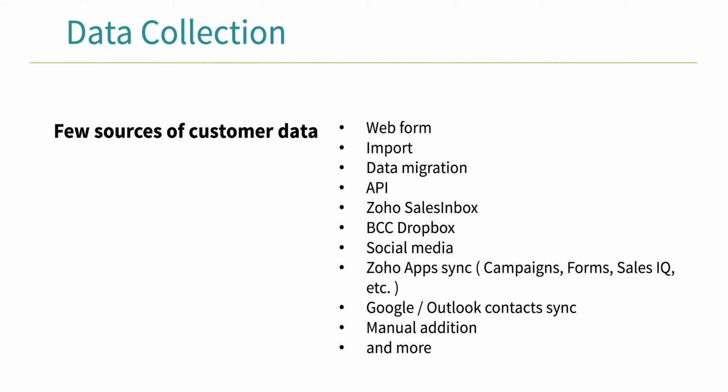All these places, we have been pulling data inside Zoho CRM. So how are we going to track these sources? What we are doing is a very important step: whichever way the data comes inside Zoho CRM, we are tagging a genuine source to each and every piece of data which comes inside. That's an important part of it.